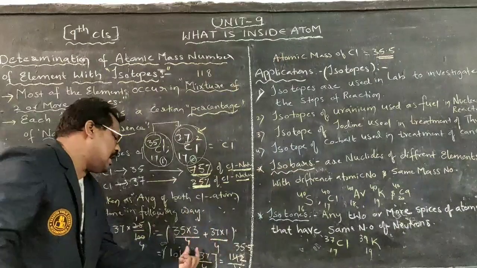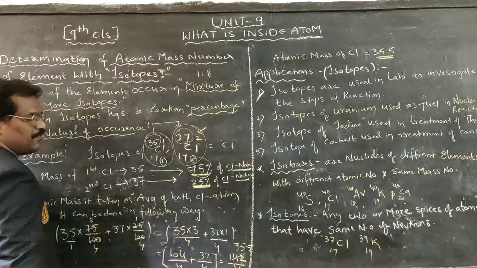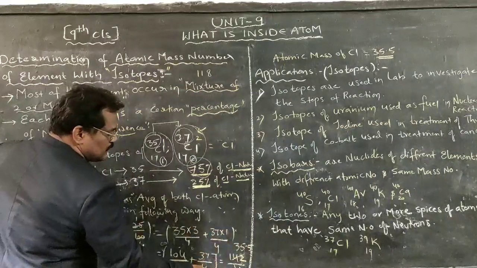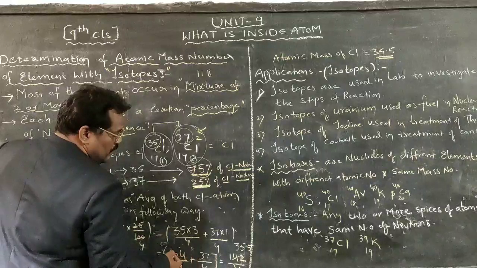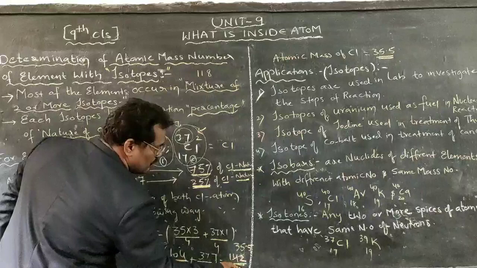With the same denominator 4, add these two things. 35 times 3 is 105, plus 37, that is equal to 142 by 4.